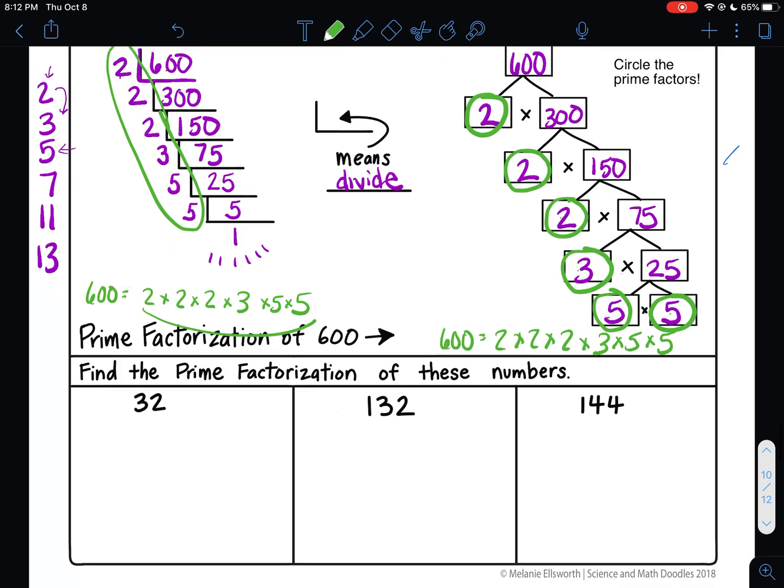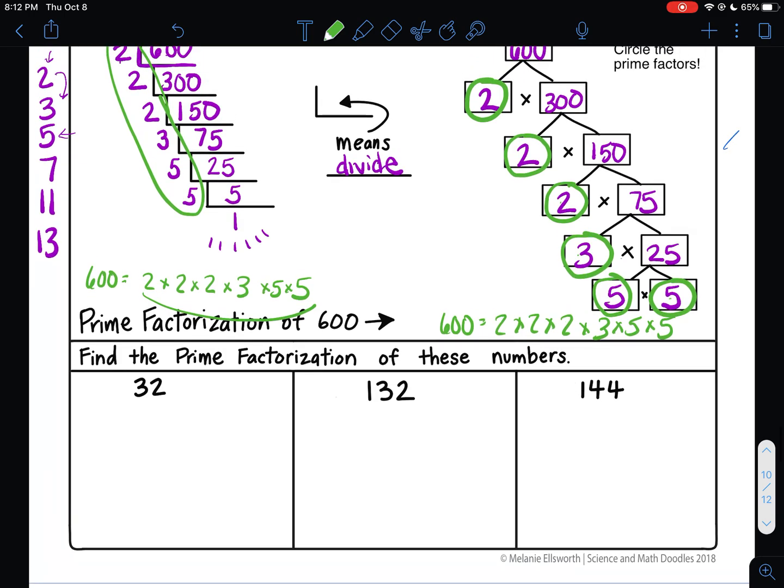Okay, so 2 examples for you. So I'm going to find the prime factorization of 32. So I'm going to use the cake for this. So I want you writing this down as I go. So 32 is going to go in my first layer of cake. So I'm going to make a little layer out of it.